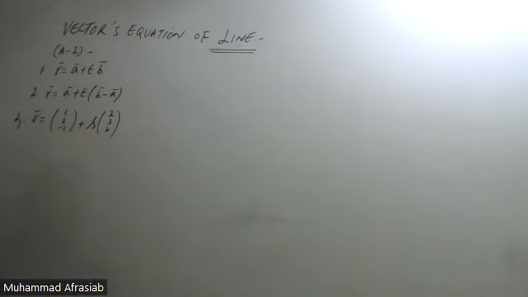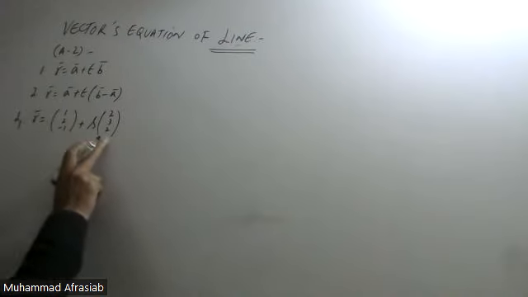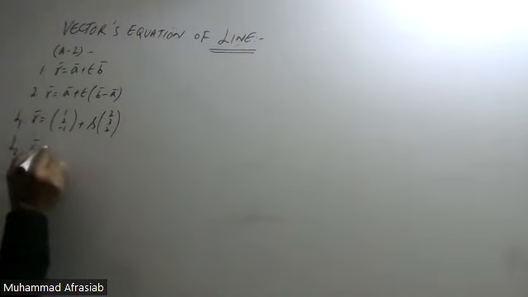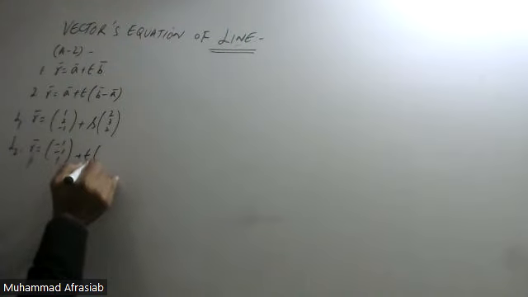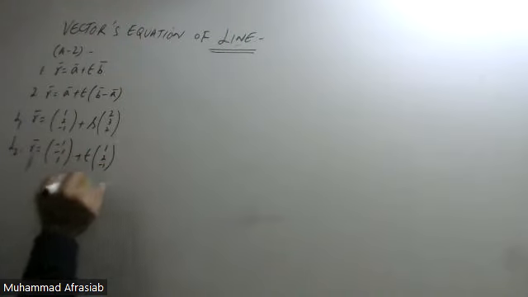This is the line L1, with this as the fixed point, and this is the directed vector of that line. And there is line L2, which is r equal to (-1, -1, 1) plus t times (1, 2, -1).